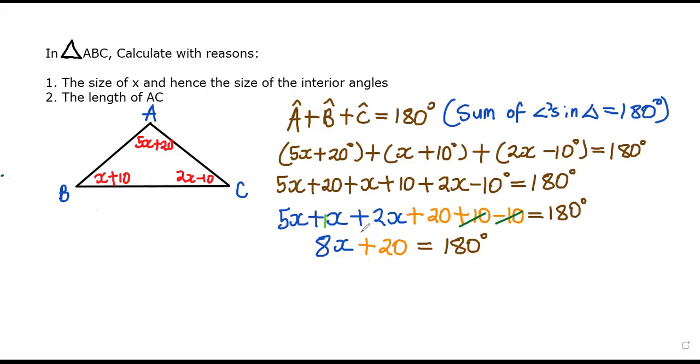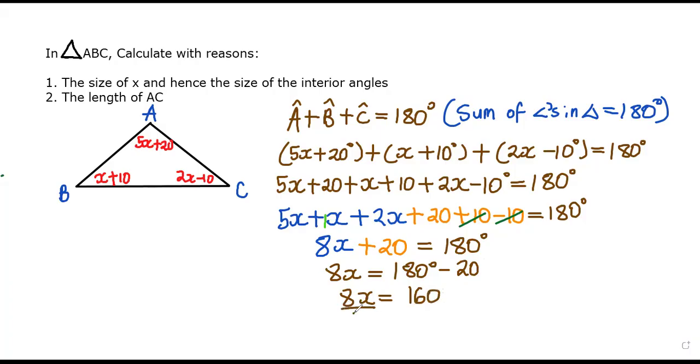And then from here, we're going to have 8x is equal to, so you start by writing 180 degrees, then you take positive 20, you transpose it to the other side, it changes the sign to become negative 20. Do you see? And then we're going to have 8x is equal to, now when we arrive here, it's a matter of us subtracting, right? So we're going to say 180 minus 20, that's going to be 160 degrees.